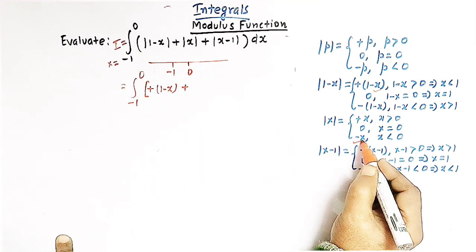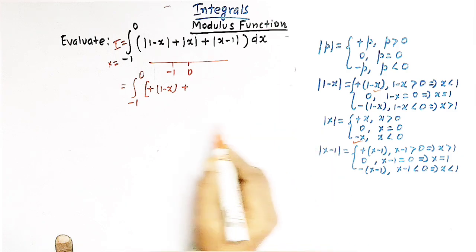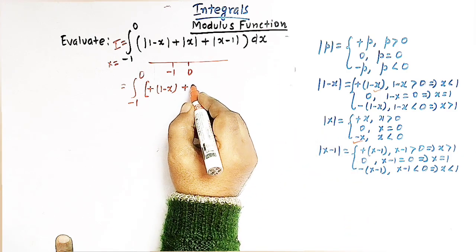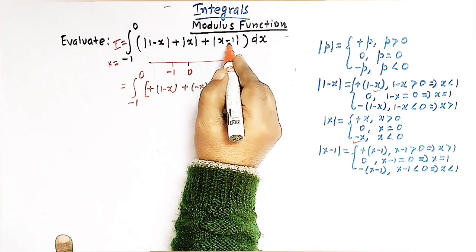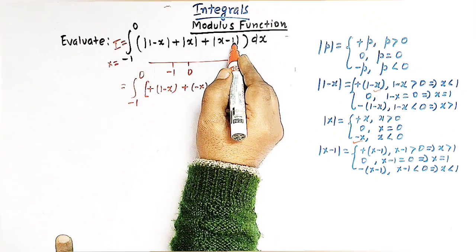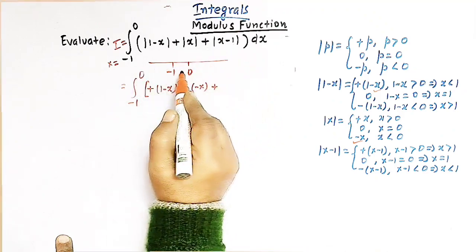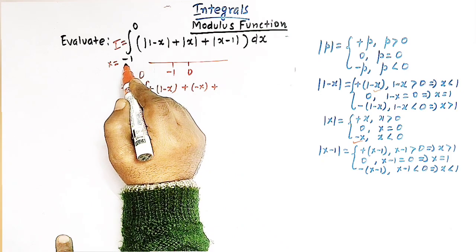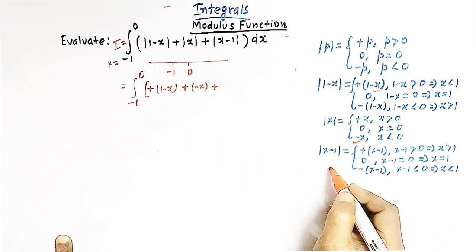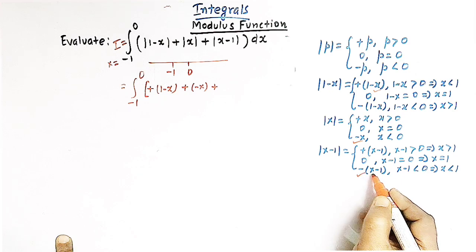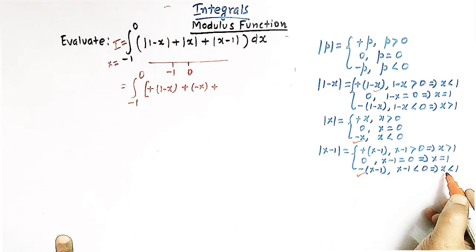So here we can replace mod of x by a negative x. So here we have negative x, and then we have mod of x minus 1, right? Now see here again x lies in the interval minus 1 to 0, and here mod of x minus 1 is negative of x minus 1 for all x which are less than 1.